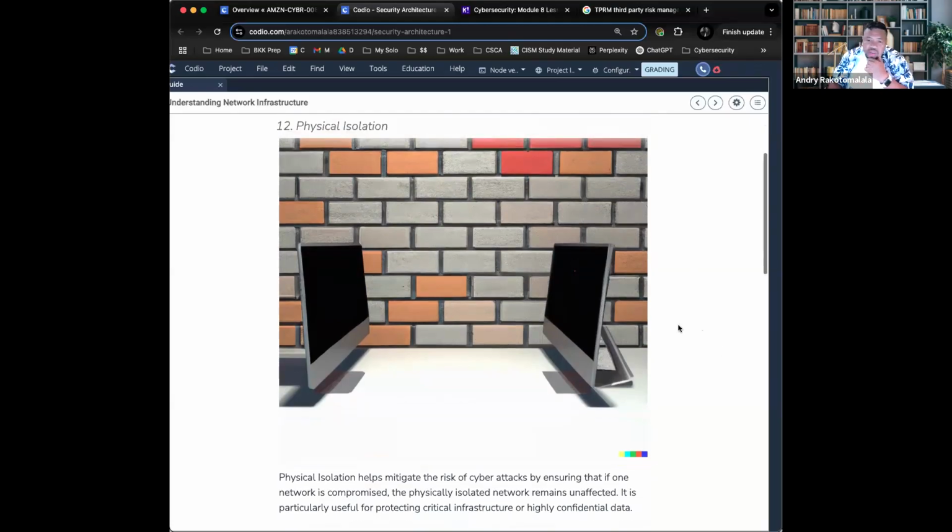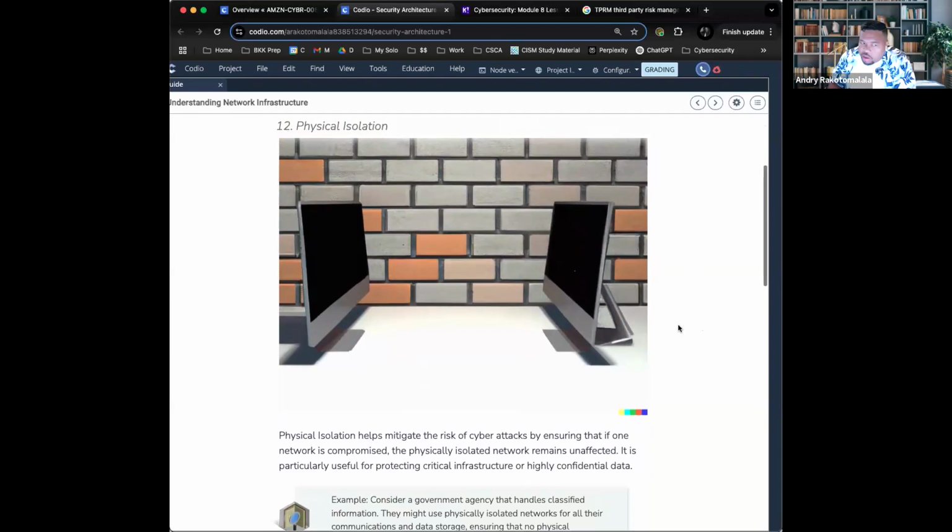So you might be saying, okay, I understand the concept of air gapping or physical isolation, but I'm starting to wonder why. Why is that important? Well, when you isolate, you're essentially preventing sensitive information from being accidentally or intentionally leaked. Because they're not connected, they can't accidentally or intentionally leak to one another.